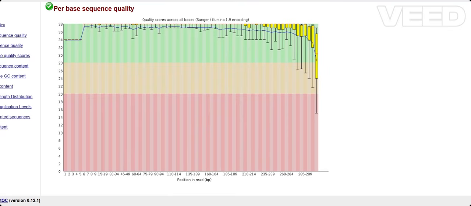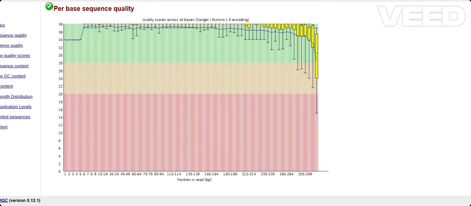For most of the read, the quality is very good and remains in the green region, but toward the end of the read, we can see that the quality starts decreasing. The boxes and whiskers also become wider. This means that the quality becomes more variable toward the end.